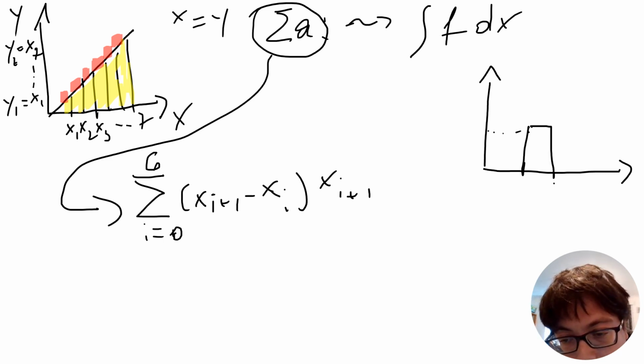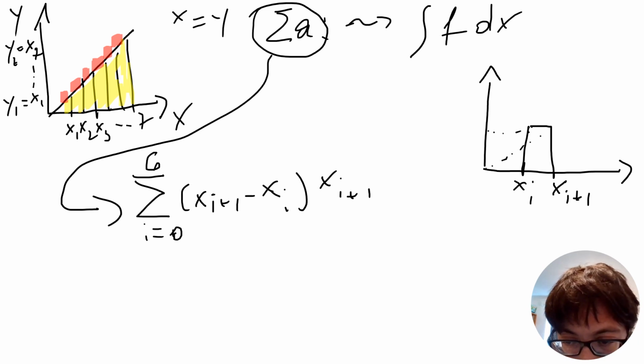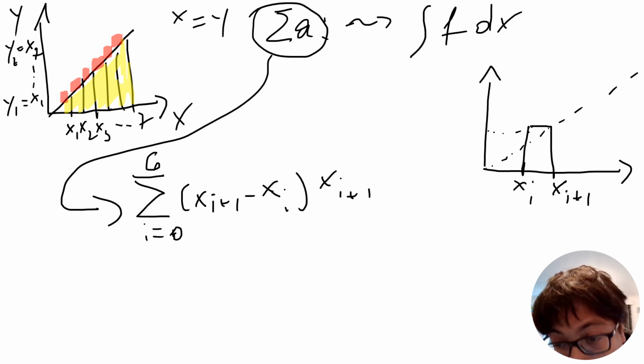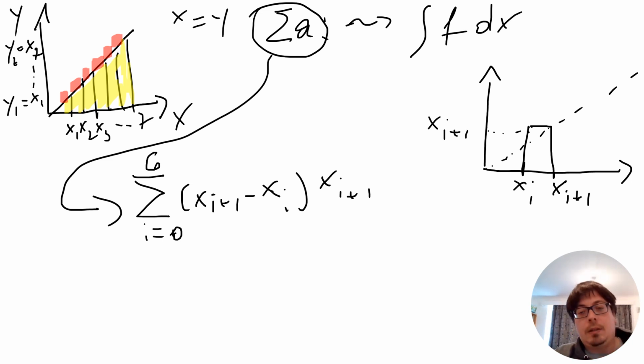As you can see, this is xi plus 1, because it's on the right side of xi. This could be 2, and this could be 3, whatever. The height, if you remember, we are dealing with this line here, so the height is precisely x I plus 1. So each rectangle has a base whose length is x I plus 1 minus xi, and the height is x sub I plus 1, which is this formula here.